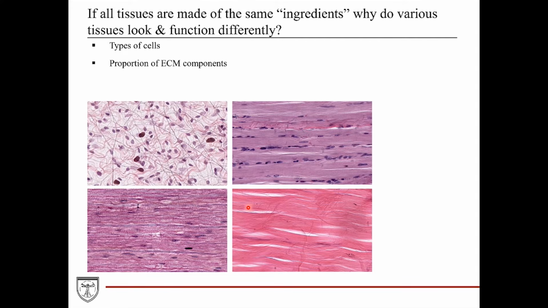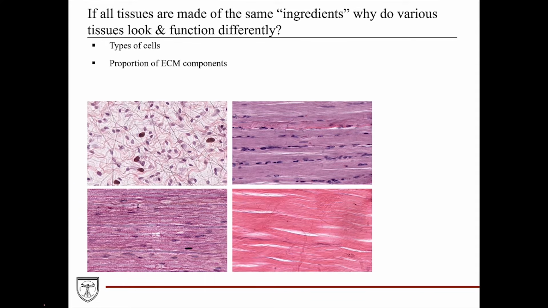And in terms of the ground substance and fluids, there are very few pale staining regions indicating the ground substance and fluids. So this is a collagen fiber rich and ground substance poor, although they're there, type of tissue that functions very differently from a tissue like this or even these.